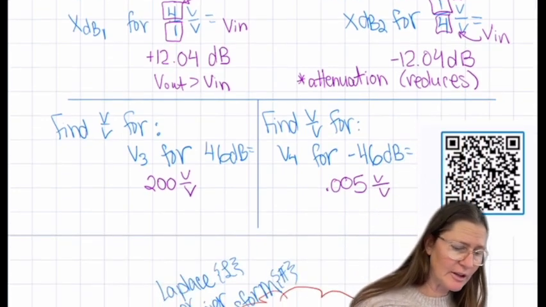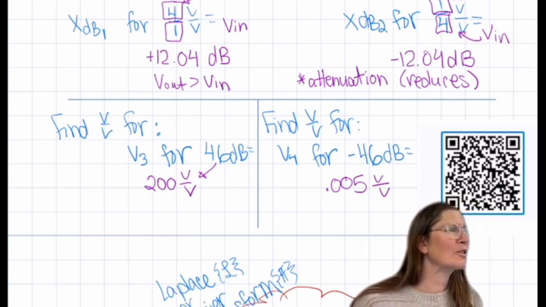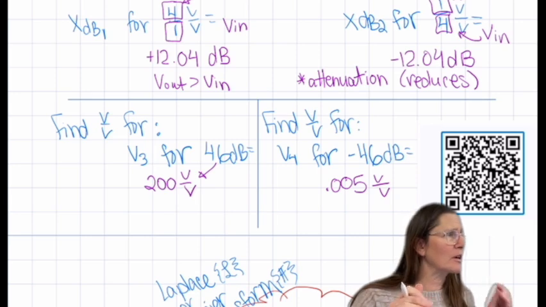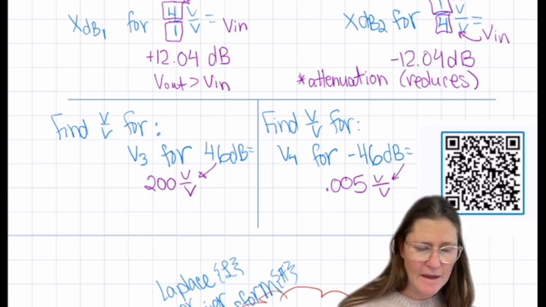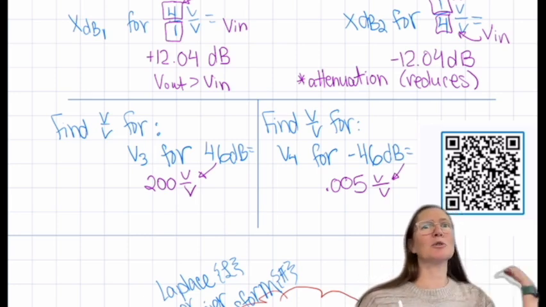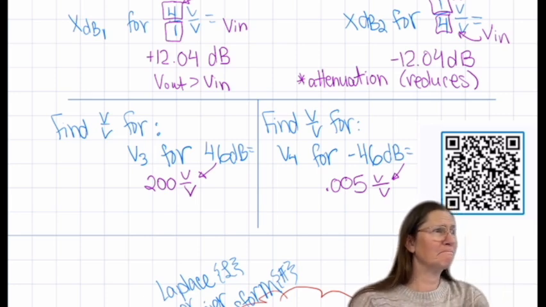So here we see, for 46 dB, that's actually 200 volts per volt. So as you get up in really large numbers, the dB in comparison is actually a lot lower number. And a negative, which makes sense, goes to a decimal or less than 1 value.